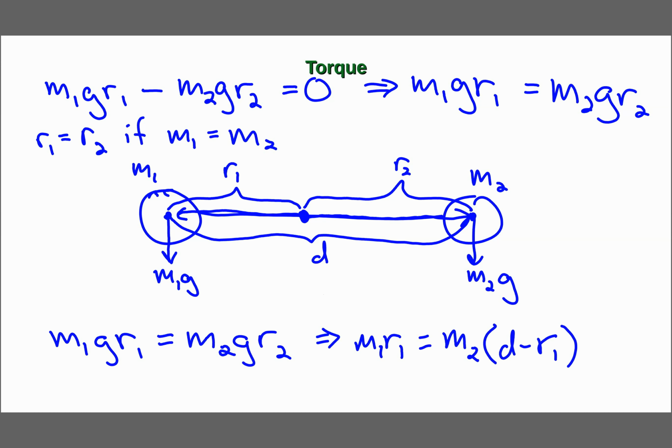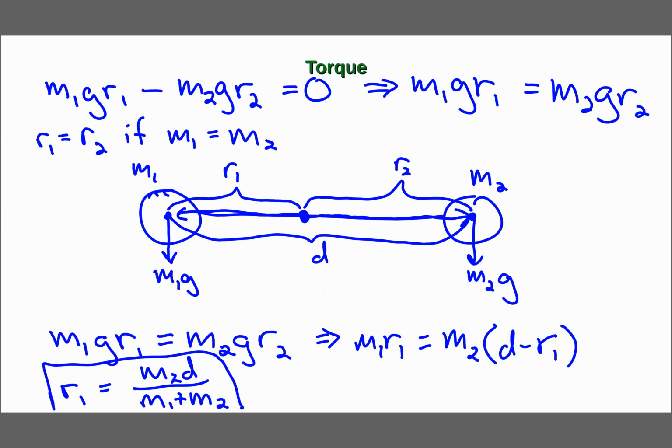Then I can just solve for r1. And what I get is that r1 equals m2 times d over m1 plus m2. And we can see where our new axis of rotation needs to be placed for the torques to equal 0 and for us to have no angular acceleration.